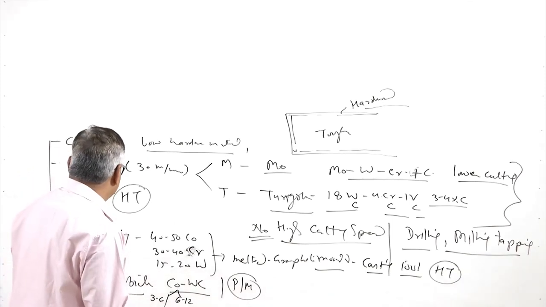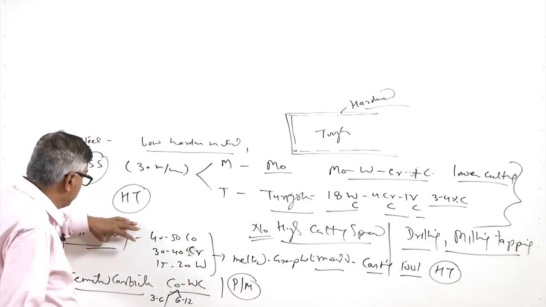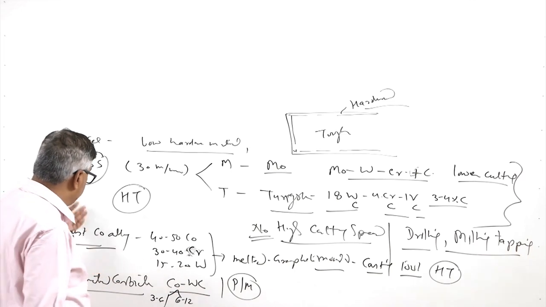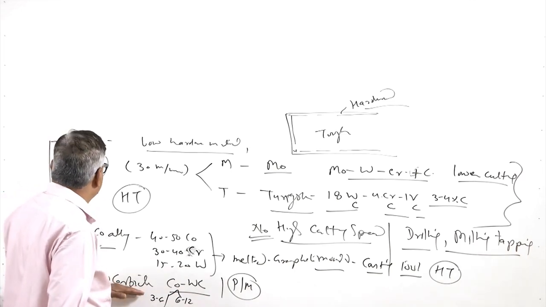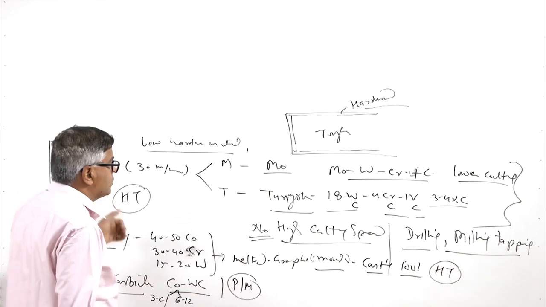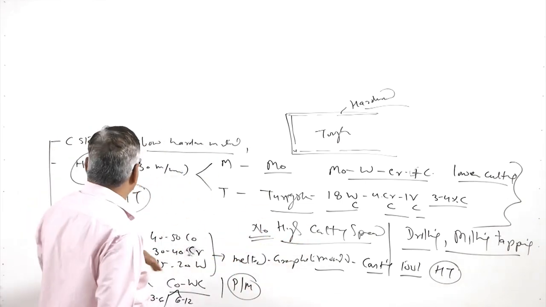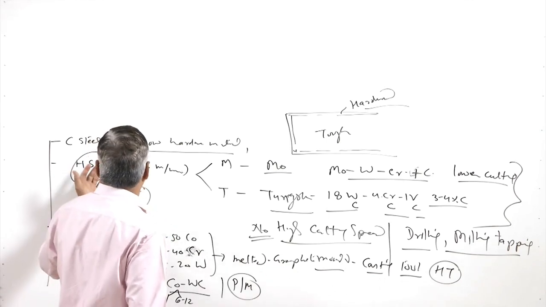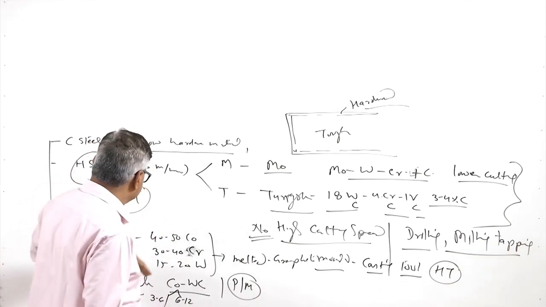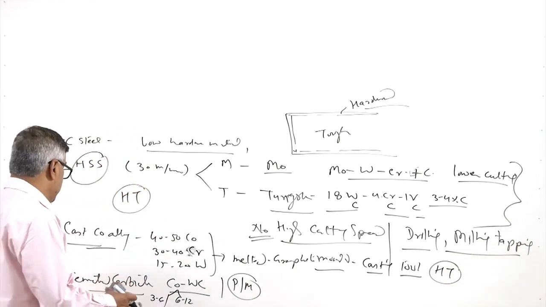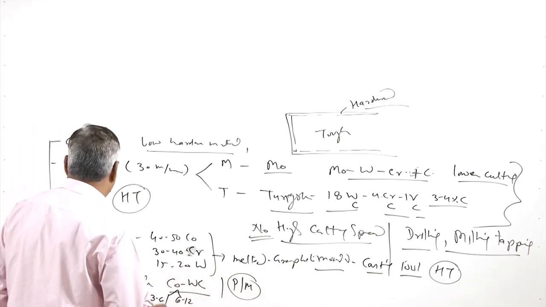If you see with regard to the properties, the cast cobalt alloys actually fall in between the cemented carbide and the high speed steel. So, accordingly the hardness, toughness and cutting speed of the cast cobalt alloy fall basically between the high speed steel and the cemented carbide tools.